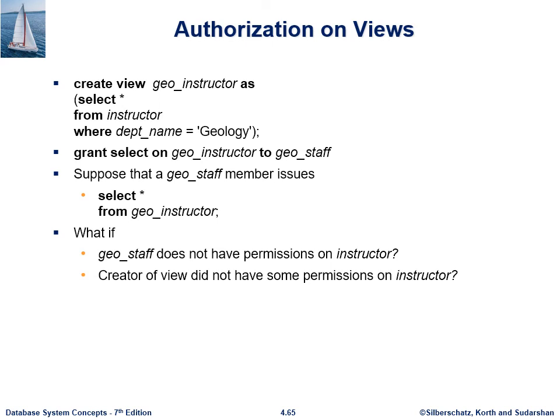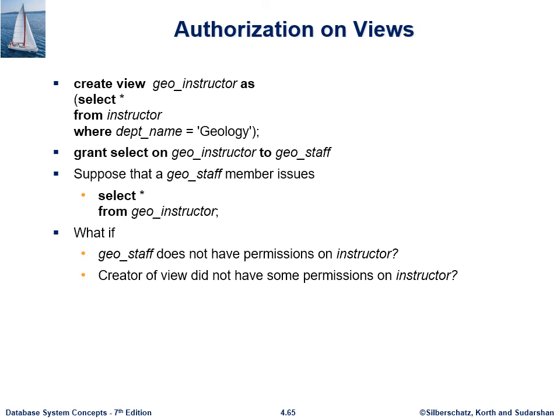So we can grant select on geo instructor to geo staff. Here it is not a grant role. It is granting the privilege select. That means for the geo staff we have the select privilege on this view.